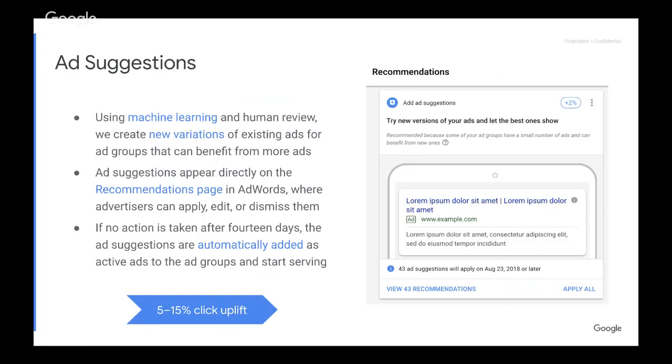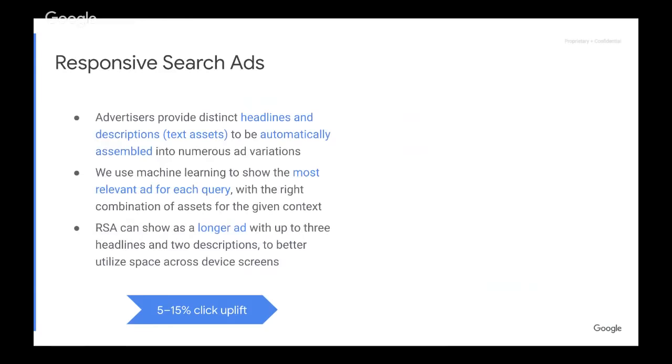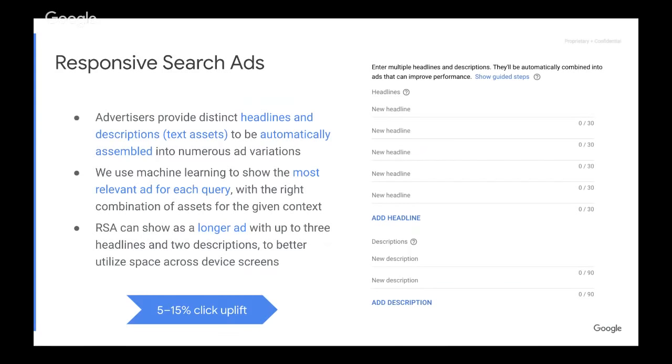Perfect. So that's ad suggestions. Then we have responsive search ads. Looking back at the story I told you earlier, having 3 or more ads per ad group, responsive search ads are going to solve for that, because we're asking you to write different variations of ads, with different calls to action, unique selling points, and everything.